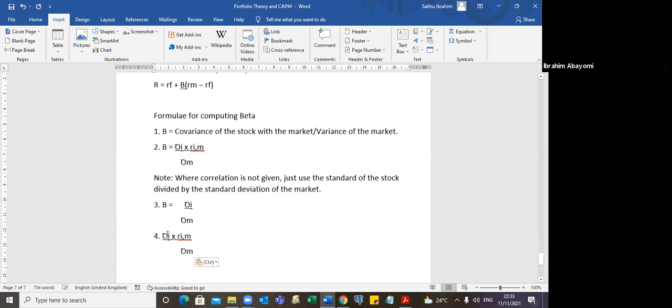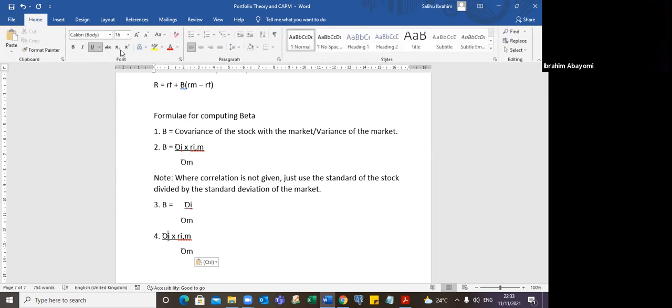Variance of the investment over variance of the market, so that will be squared. Standard deviation squared is variance.